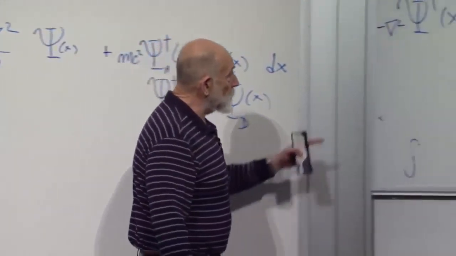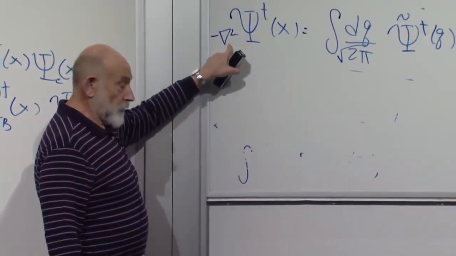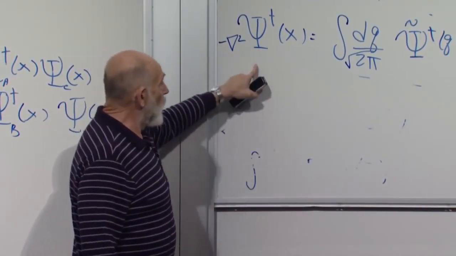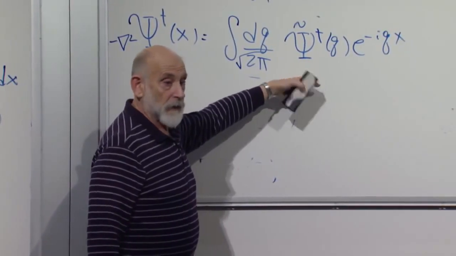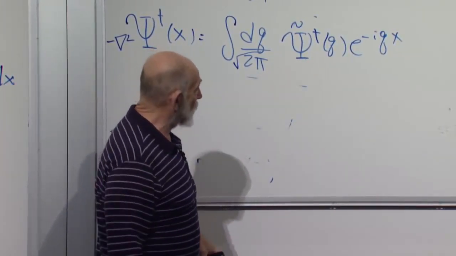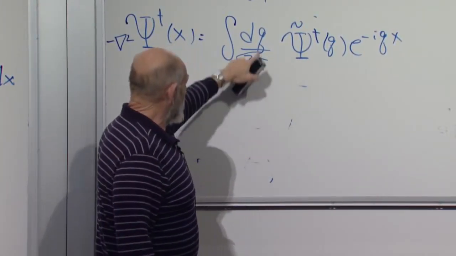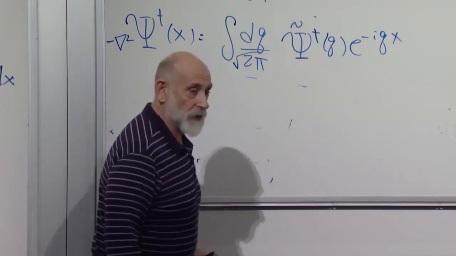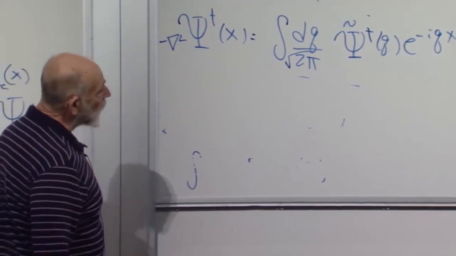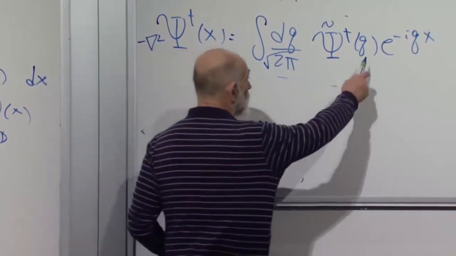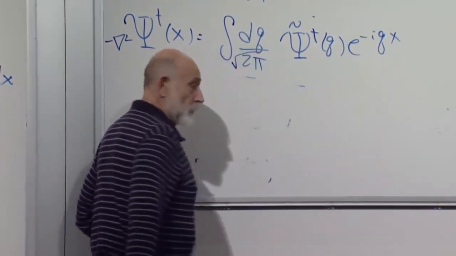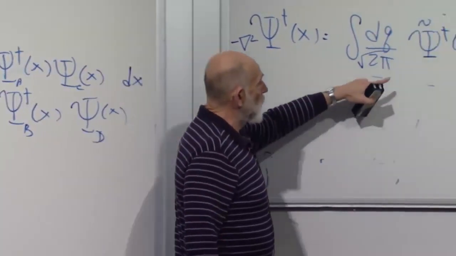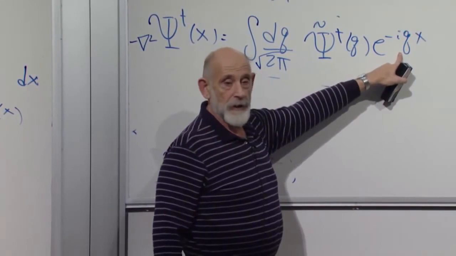What does minus del squared, this is just a second derivative, do when it hits here? Well, to know, we just go over to this side. Let's differentiate this side twice with x. What depends on x? Well, dq doesn't depend on x. 2 pi doesn't depend on x. In fact, psi dagger doesn't depend on x. The only thing that depends on x are these oscillating wave functions here. So what happens if you differentiate twice the oscillation here?